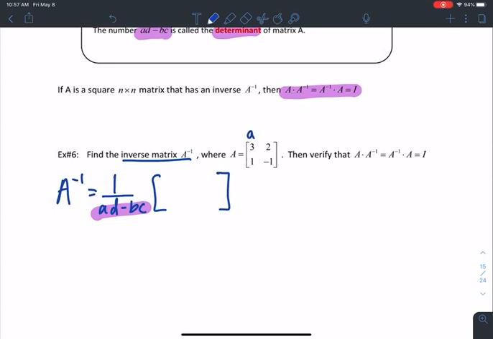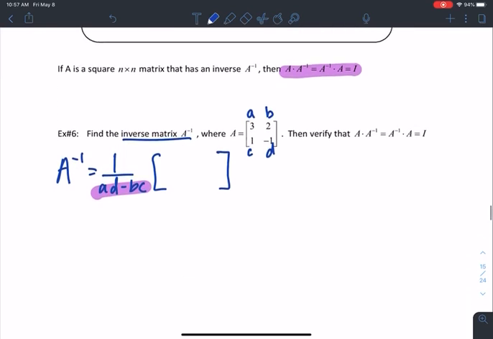So A, B, C, D is how we're going to label those. So AD would be 3 times -1 minus 2 times 1. And we have to multiply before we subtract, so I'm just going to throw parentheses around there. -3 minus 2, we get -5.